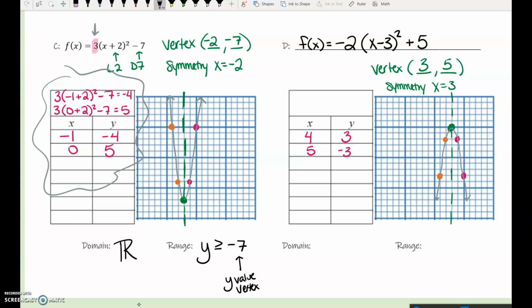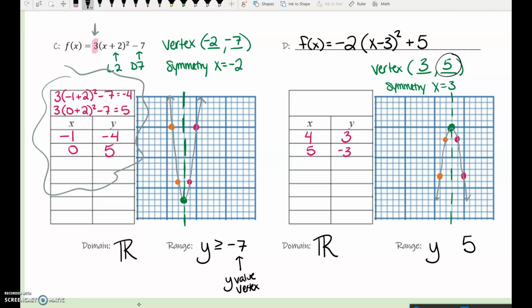This graph is flipped. And after all we did yesterday, that shouldn't surprise you. There's a negative in front, so it makes sense that it opens down. Your domain is still all real numbers, but the graph flipping is going to affect the range. So the range is going to be y something 5, because 5 is the y value of the vertex.